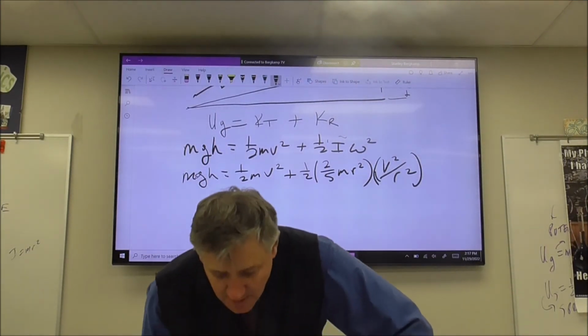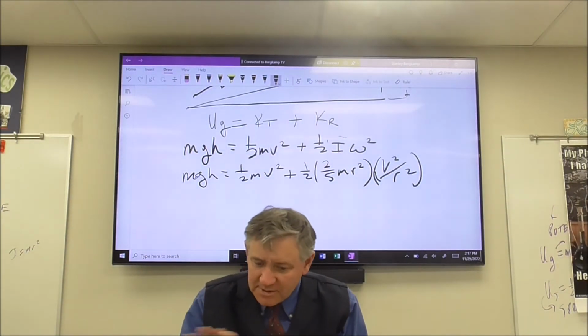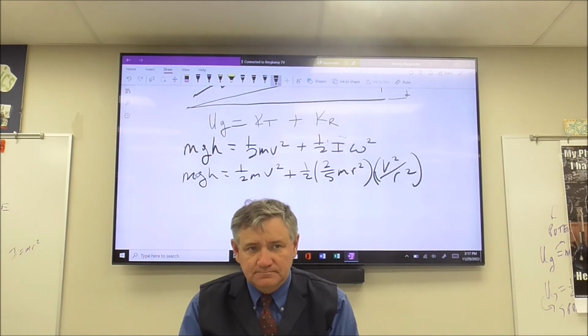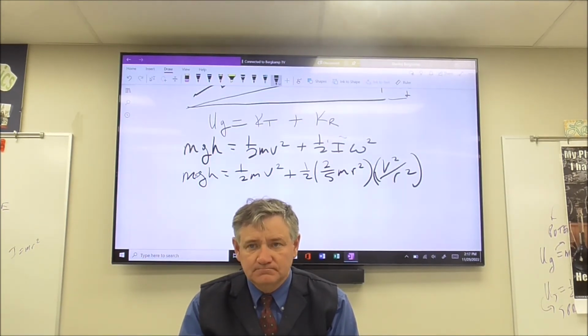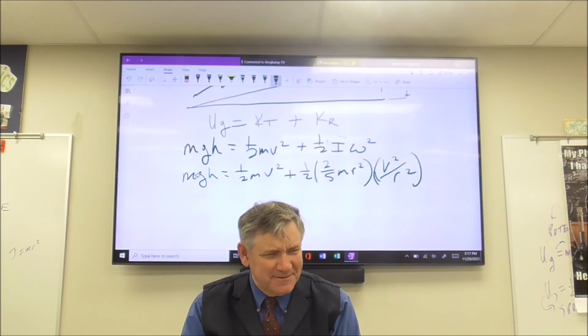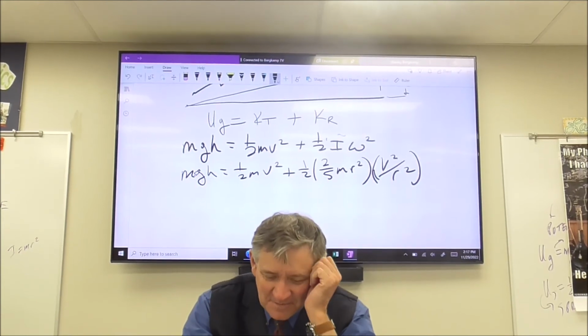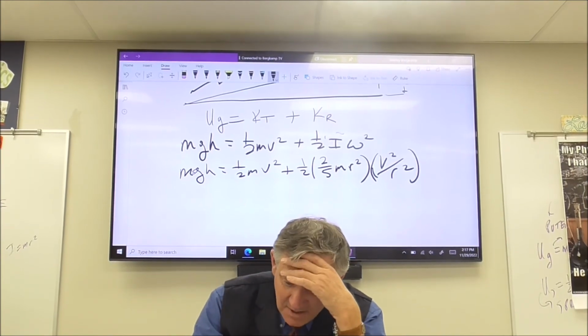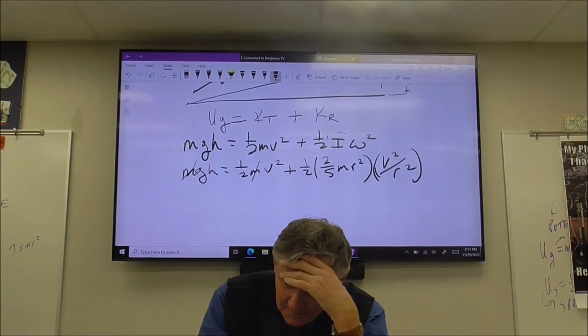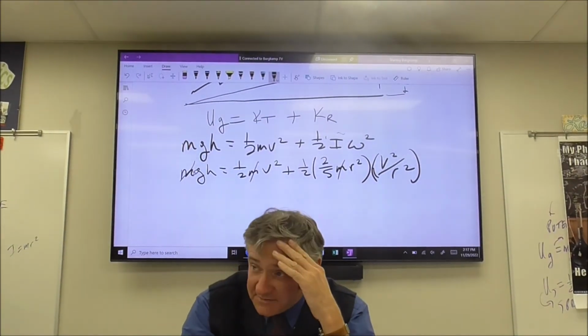Now, at this point, what's a common term to all of them? V squared. Mass. So guess what? We can cancel out the masses. That's why I didn't give you the mass of the ball. Don't have to have it.